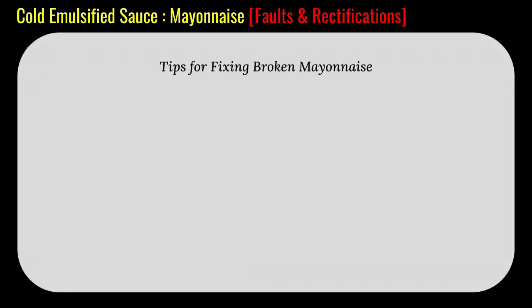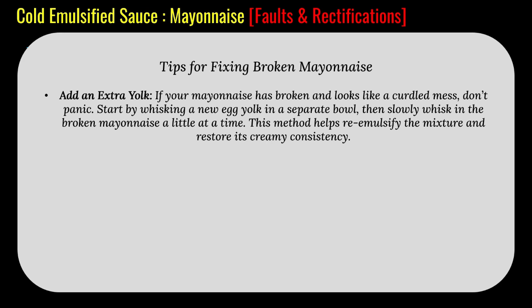Now, tips for fixing broken mayonnaise. We should know how to rectify it. Number one, add an extra yolk. If your mayonnaise has broken and looks like a curdled mess, don't panic. Start by whisking a new egg yolk in a separate bowl. Then slowly whisk in the broken mayonnaise a little at a time.